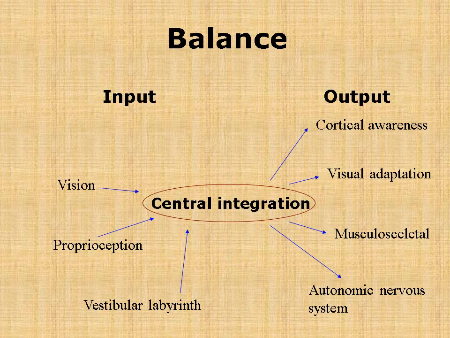And then this is followed by generation of motor commands, whether to generate eye movements or, at the level of the musculoskeletal system, to perform motor tasks to keep the body posture and balance.